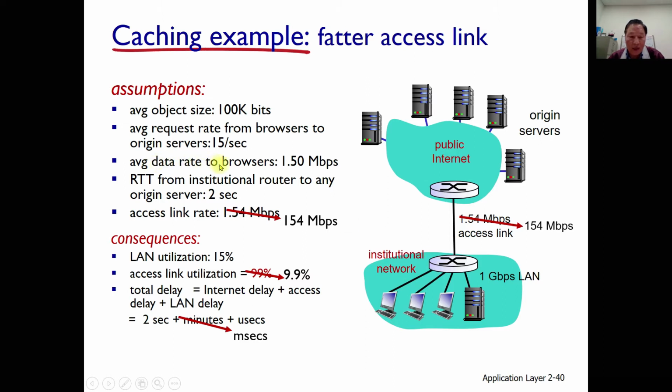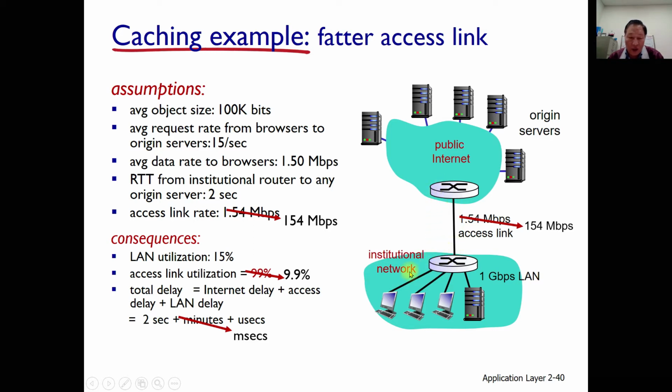The average data rate to browser 1.5 megabps. And round trip time from institutional router to any origin server, 2 seconds. Let's assume this one is for that. And access link, we can improve to 100 times higher speed than this. That may be good to improve the speed, to improve the performance.